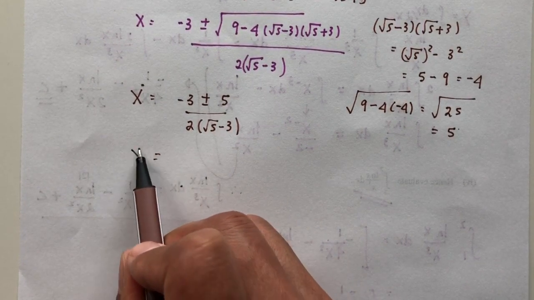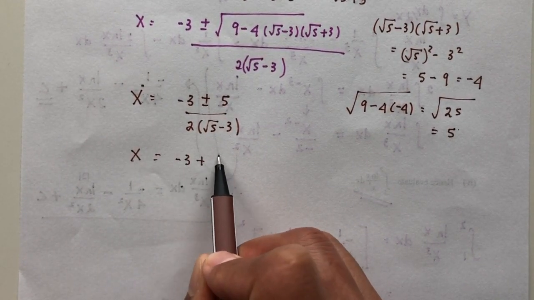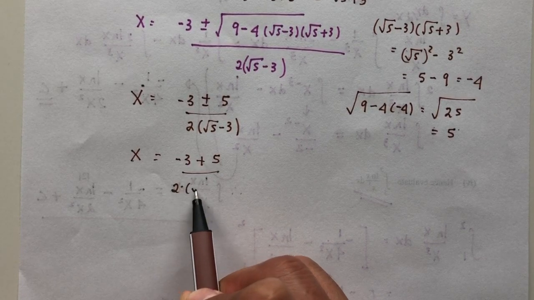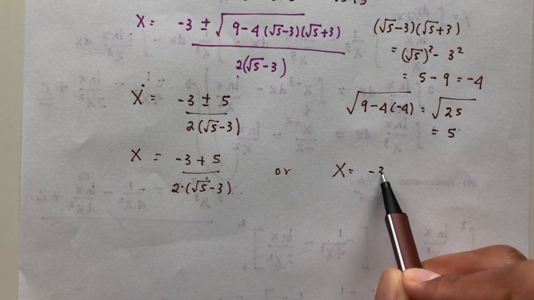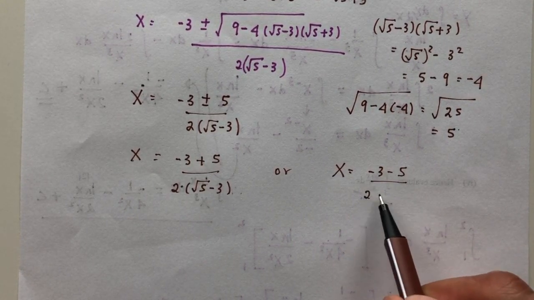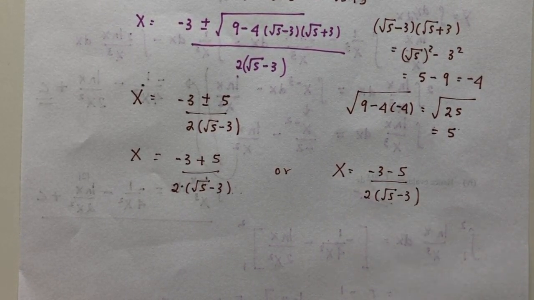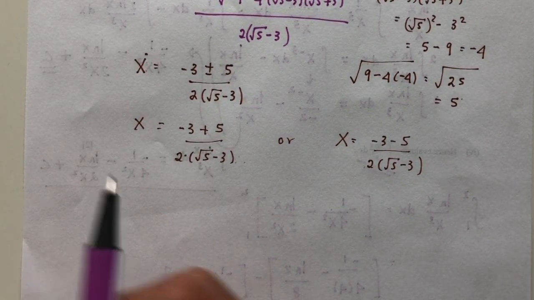Now we have two values of x. X can be minus 3 plus 5 over 2 root 5 minus 3, or it can be x equal to minus 3 minus 5 over 2 root 5 minus 3. Okay, so simplify.